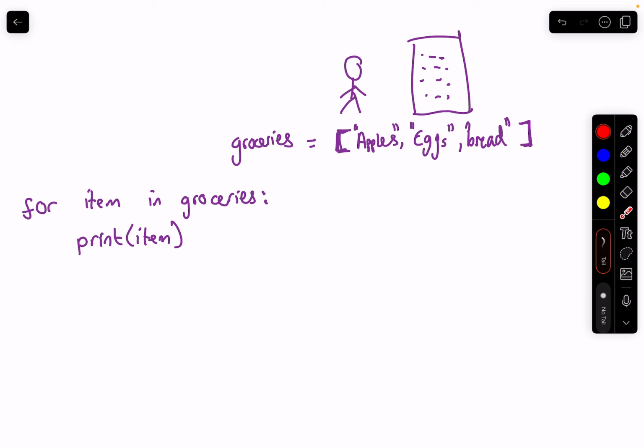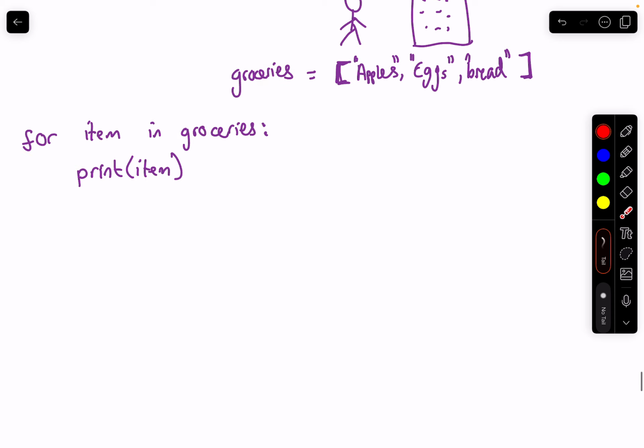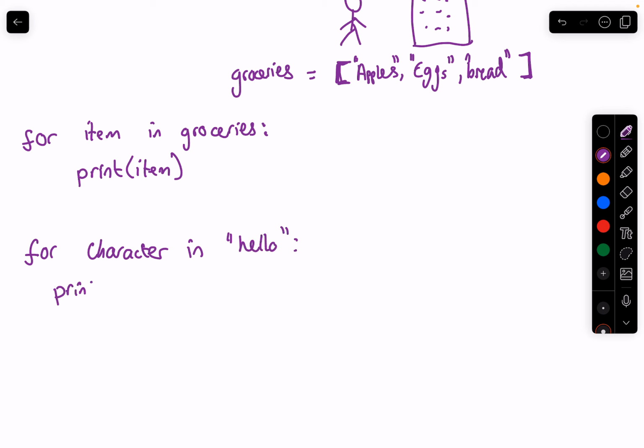Now, like with how we can iterate over a list here, as groceries was a list, we can also iterate over a string: for character in hello, print character.